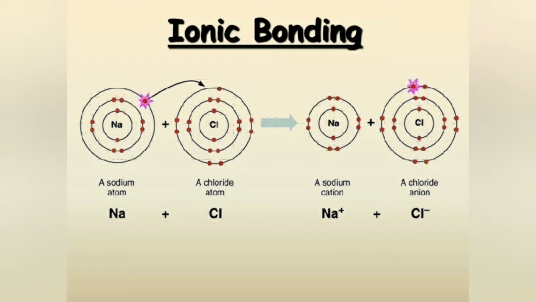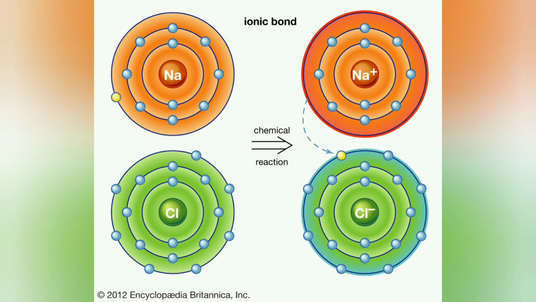Sodium and fluorine. Atoms undergoing a redox reaction to form sodium ions and fluoride ions. Sodium loses its outer electron to give it a stable electron configuration, and this electron enters the fluorine atom exothermically. The oppositely charged ions, typically a great many of them, are then attracted to each other to form solid sodium chloride.